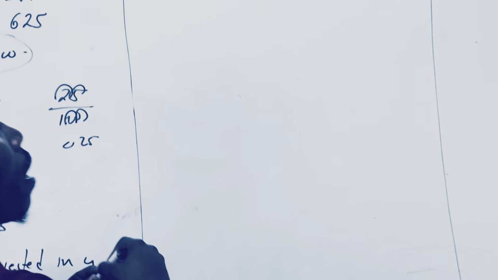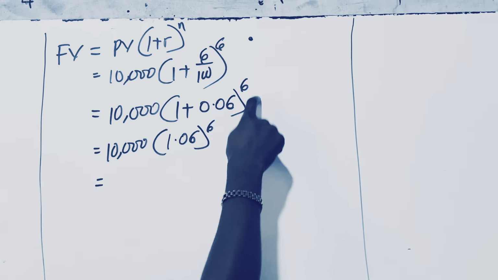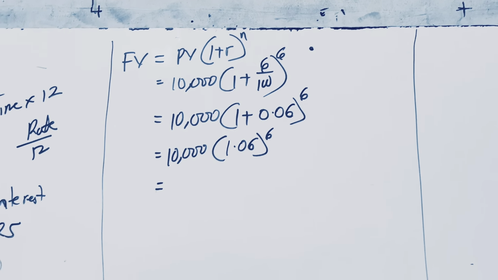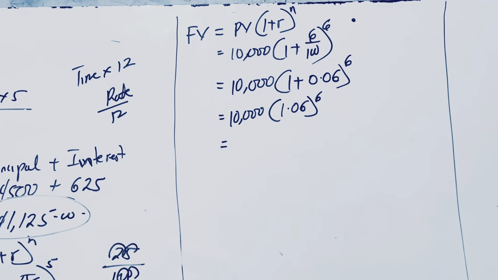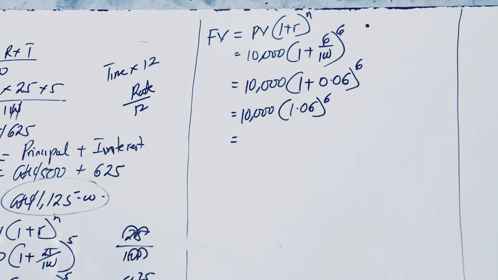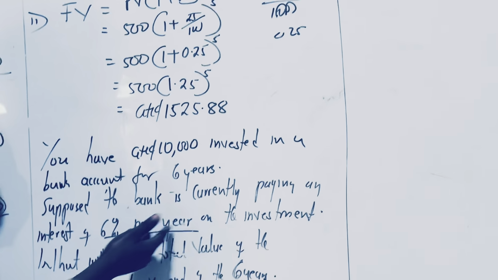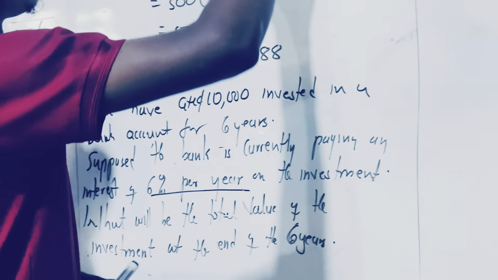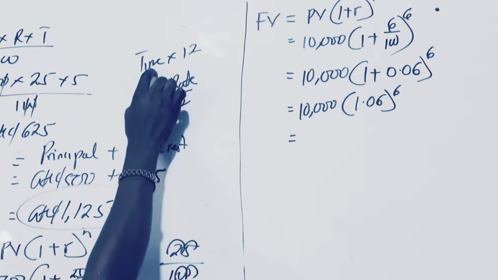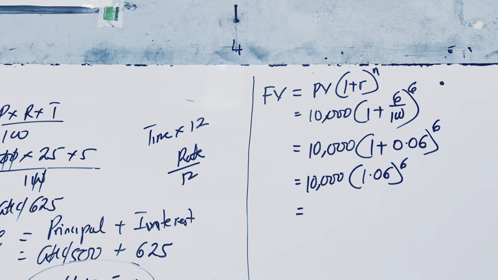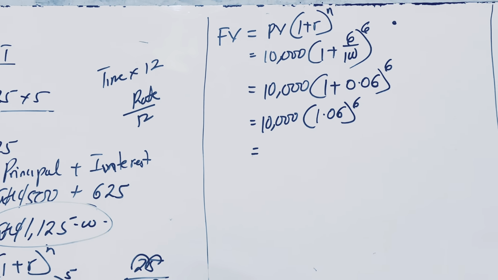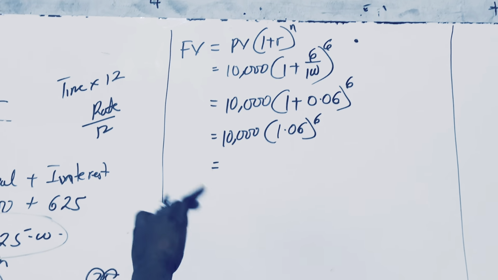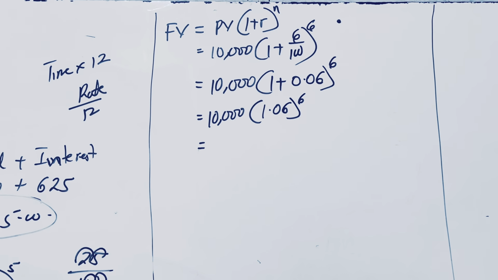You multiply the time by 1, and 6 times 1 is the same 6. The rate over 12 is this rate over 1, just the same rate. That is why we don't normally make these changes. So you read the question and you see quarterly, 6% quarterly, meaning you divide the rate by 4 and then you multiply the time by 4. That is it. But if it's yearly, you just leave it like that.